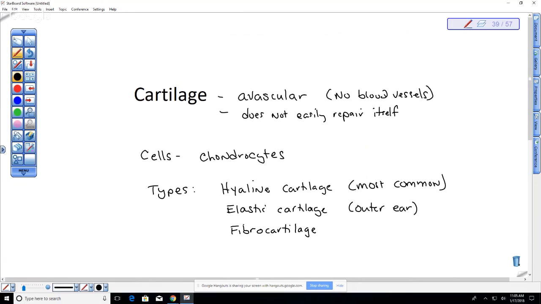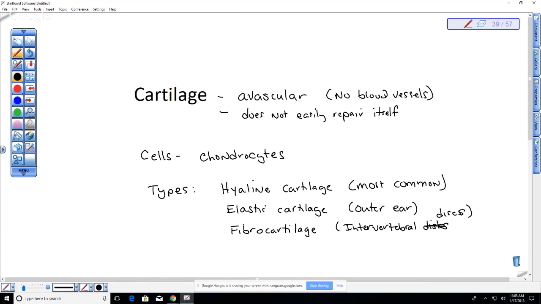And this is in our intervertebral discs. Okay, so those are the discs that sometimes herniate. Sorry, this should be discs, discs with a C. Intervertebral discs. Not a K.